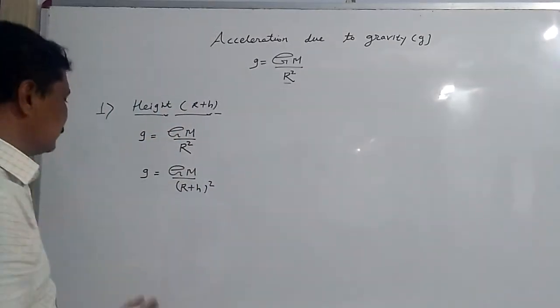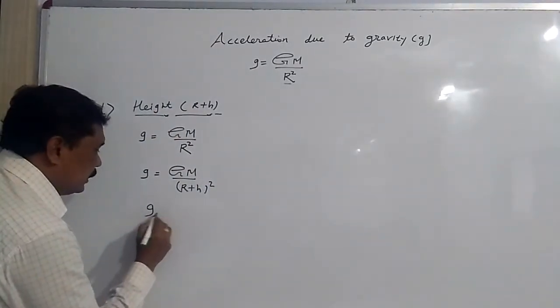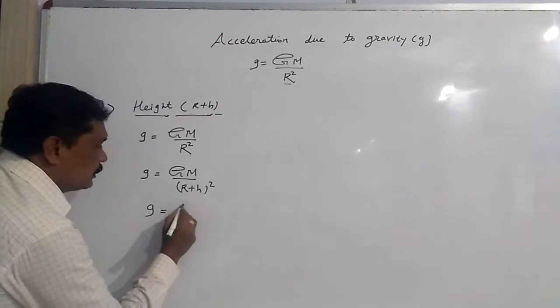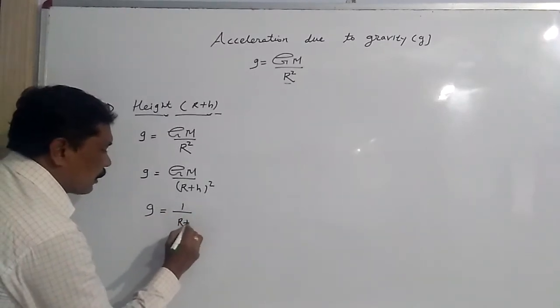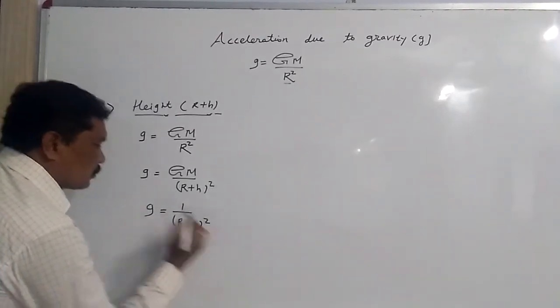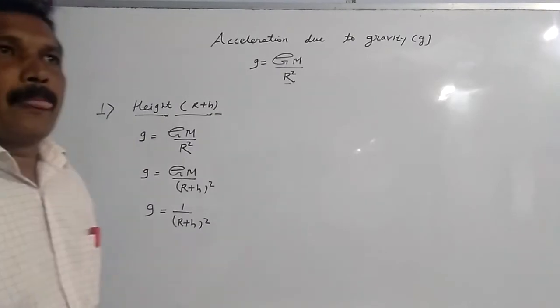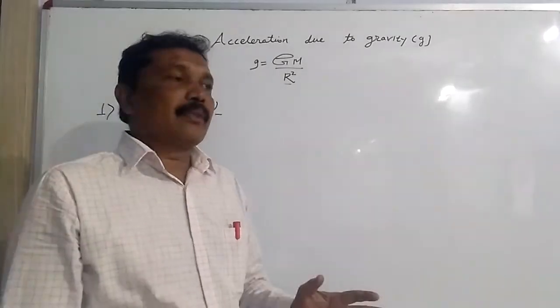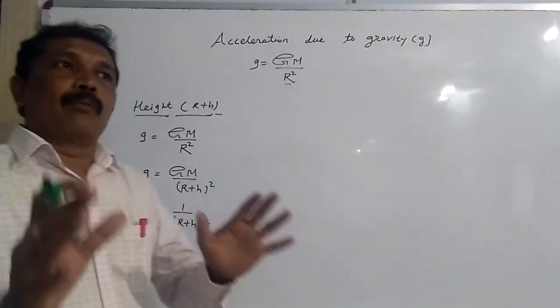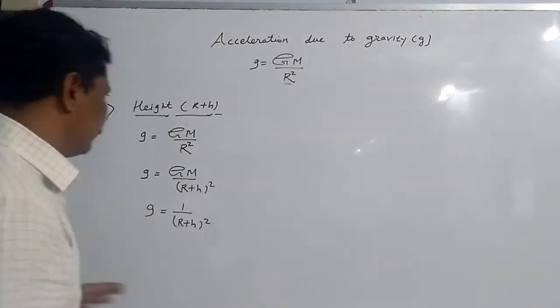What does it tell us? g is inversely proportional to (R plus h) square. Now how does it vary? We will study from the formula itself.